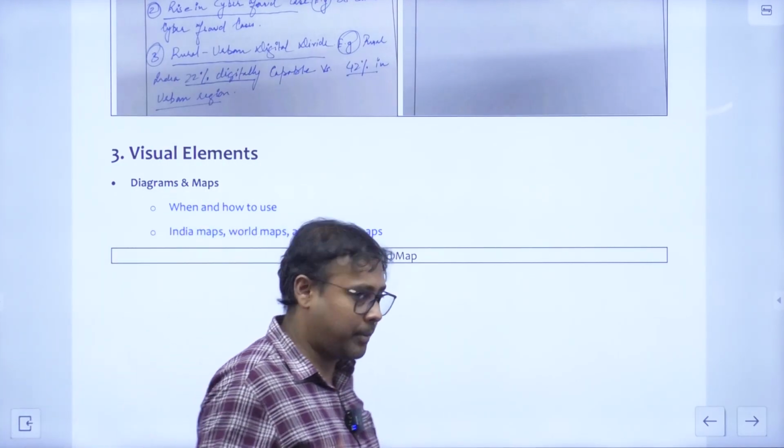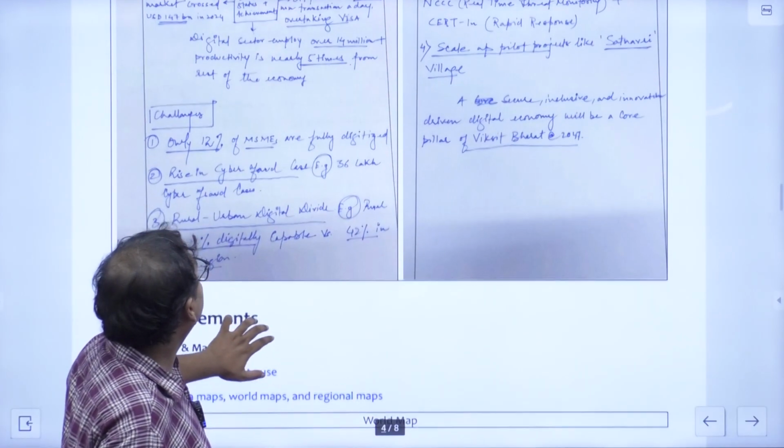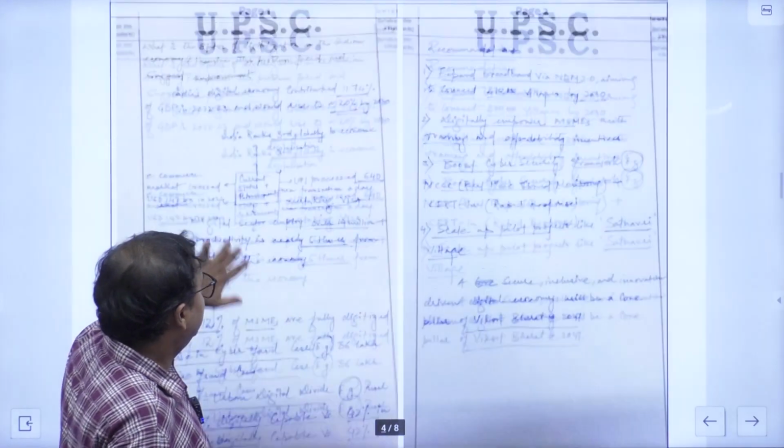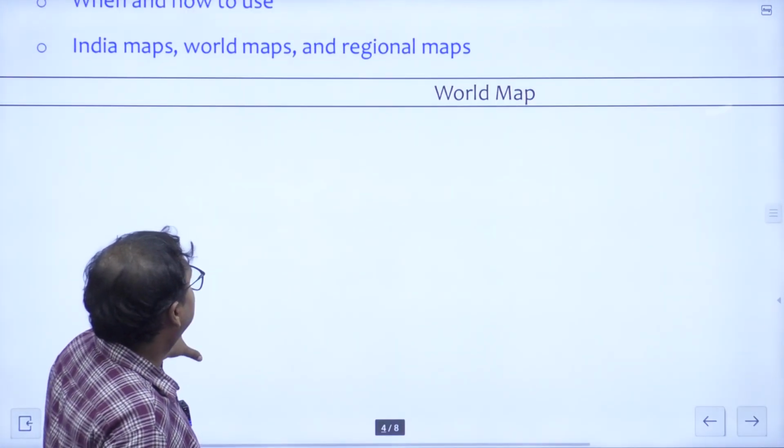Okay, so first couple of things. I'll show you where I have mentioned about PIB. कहाँ पर mention किया है? I think here or somewhere I have mentioned about PIB.